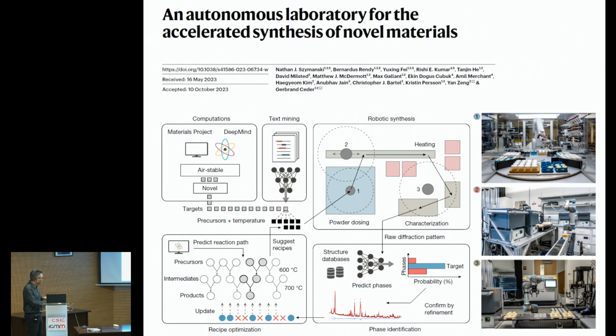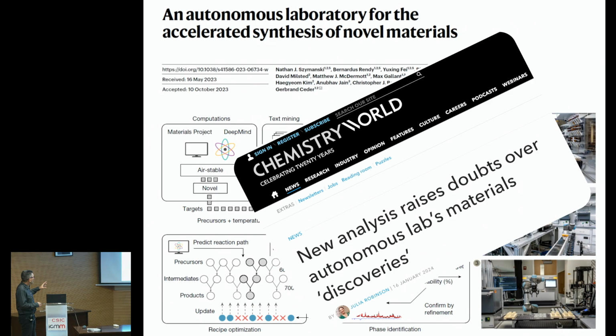And then they use an autonomous lab to synthesize this material, and then to characterize them, and that was a great success. The only problem was that they made a serious mistake in the characterization of the material. So this article came in Chemistry World, new analysis raised doubt over autonomous lab material, etc.